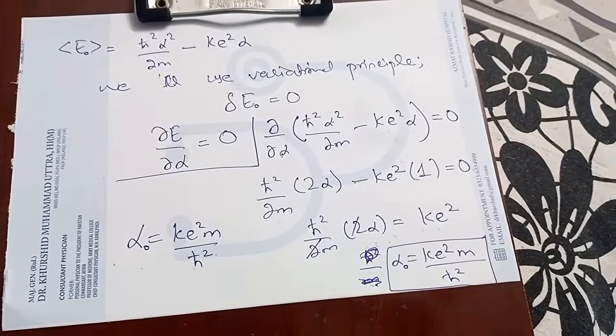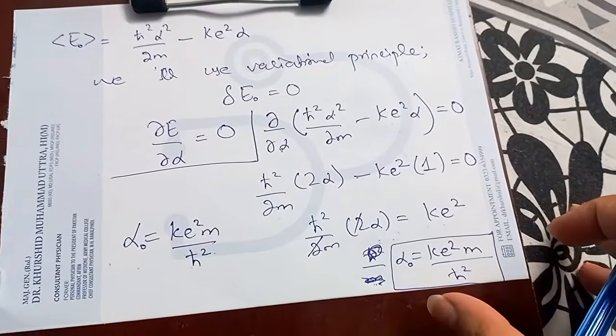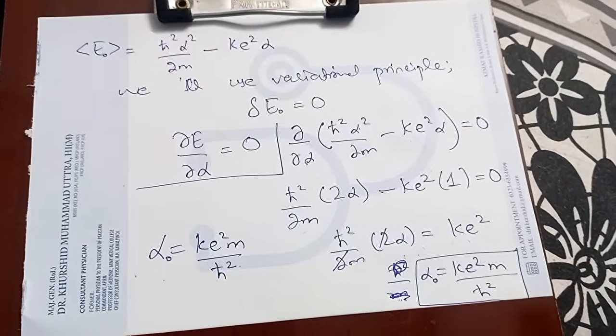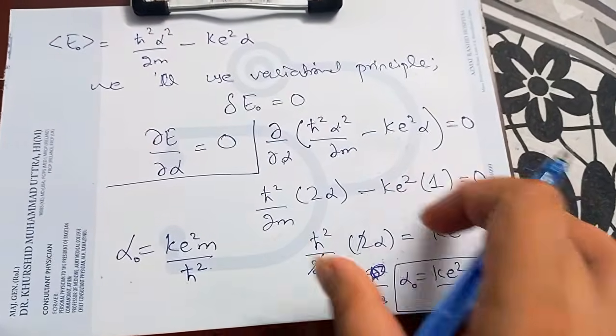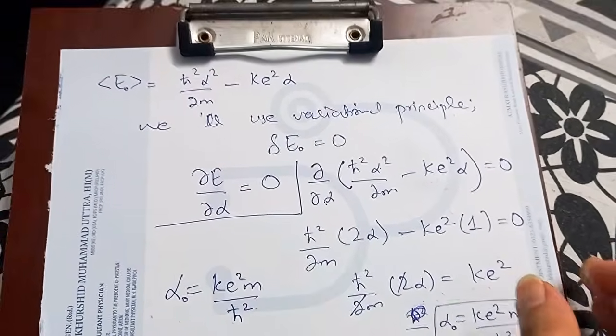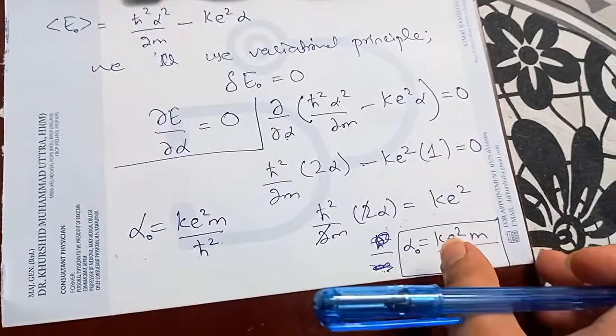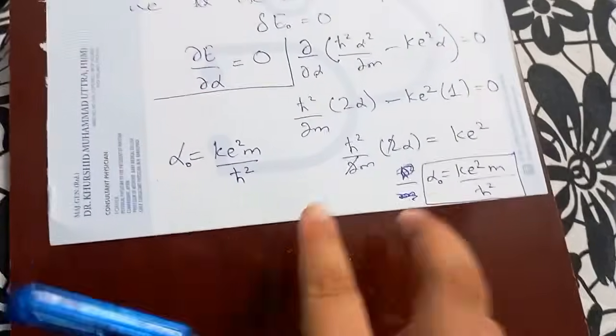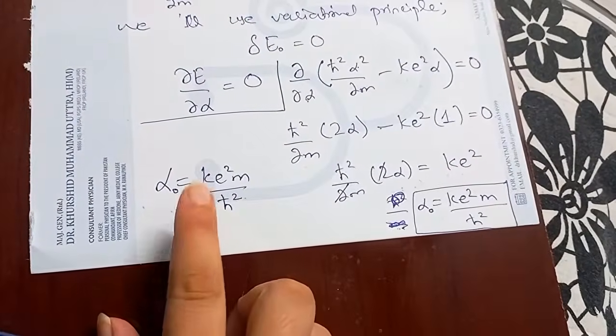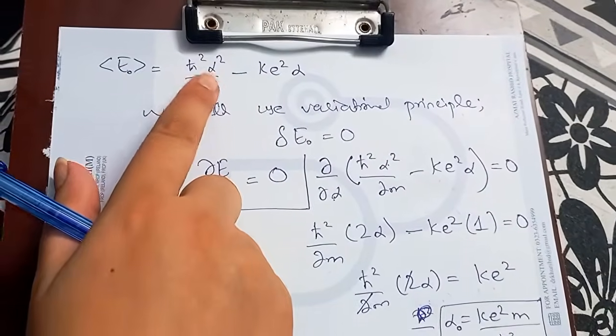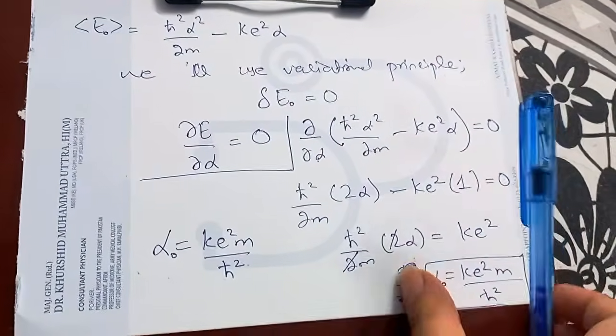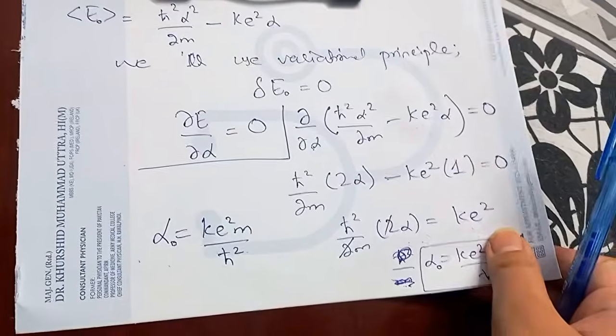Even if the trial function is not the best one, this method enables us to minimize the error in the final result. So it works for both cases. Okay, for a given trial function, this minimizes the error. So let's put this alpha naught. Now we'll put this alpha naught in this equation. The result that we'll get is the ground state energy of the hydrogen atom using the variational method.